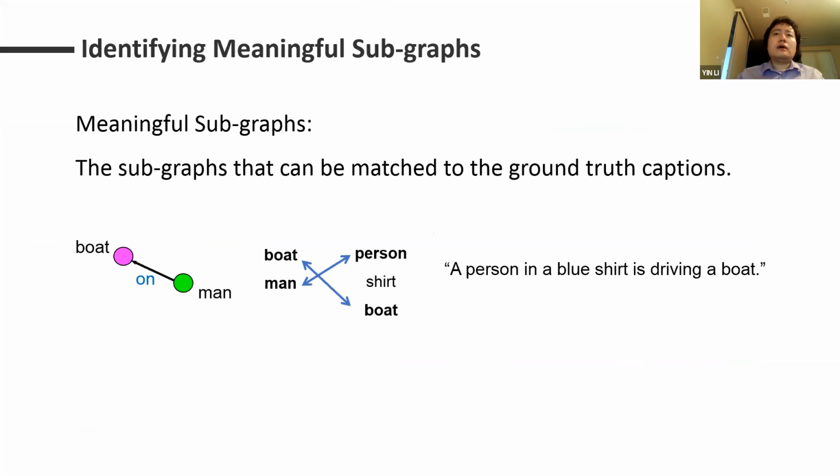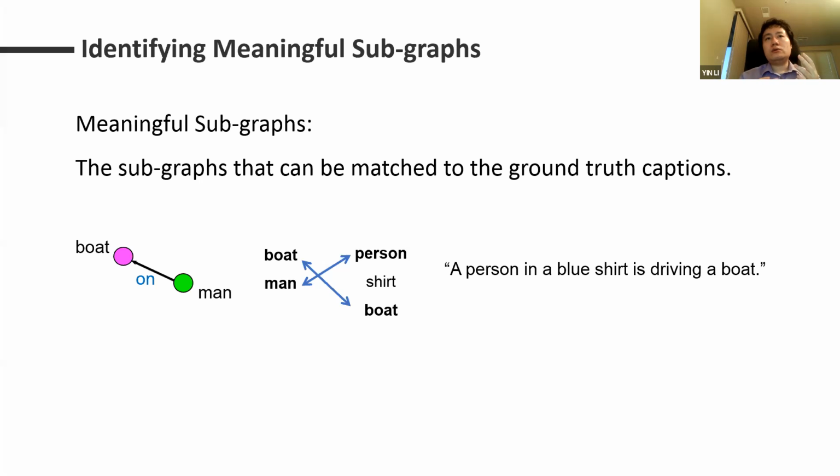Right. Now, here's how we actually identify meaningful subgraphs. What we can do is find those subgraphs that can be matched to ground truth captions. Now, the assumption here is that we have access to multiple captions that potentially describe different components of the image.